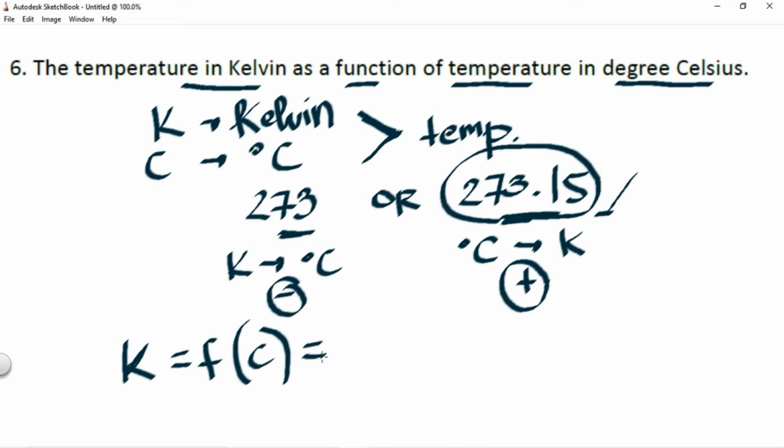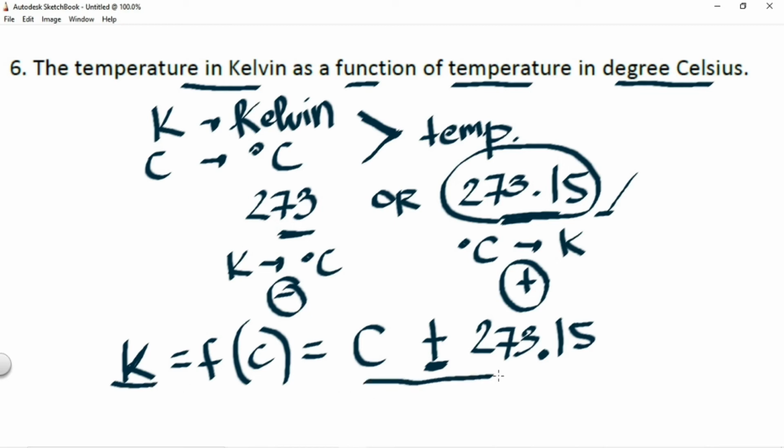And it is equal to the variable capital letter C plus 273.15. We must use the operation addition since Kelvin is the one that is unknown. And this is our formula for number 6, and this will be our final answer.